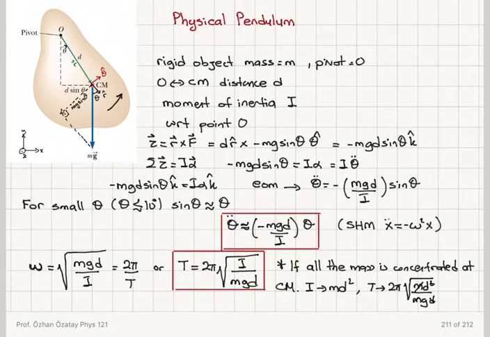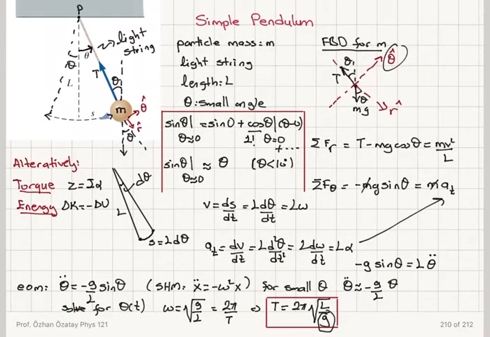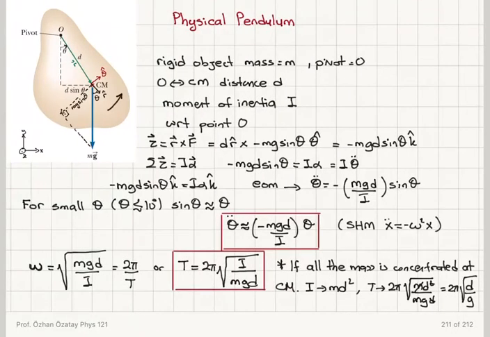So the period then would become 2 pi square root of m d squared divided by mgd. So m's would cancel, d would cancel. I would have as an answer 2 pi square root of d over g. Now remember, in the case of a simple pendulum, I had a period 2 pi square root of L over g, and that's exactly what I'm getting here, 2 pi square root of d over g. So if d goes to L, this becomes the simple pendulum.